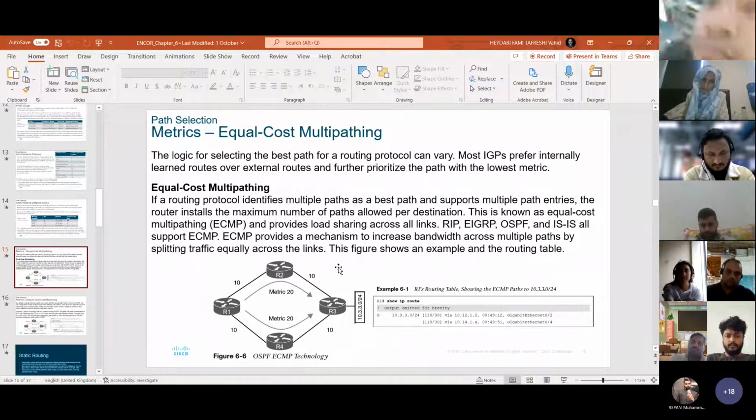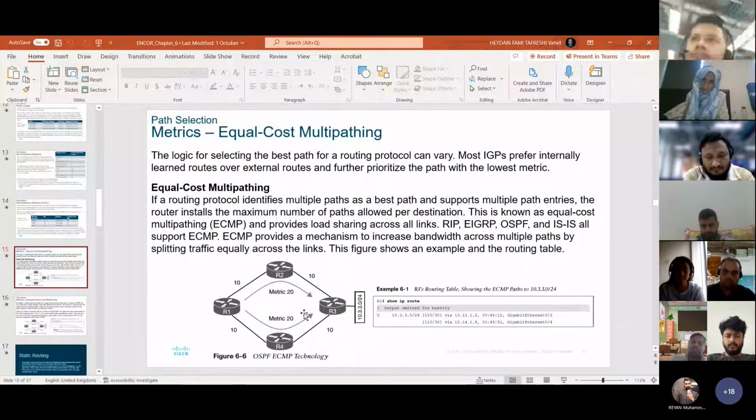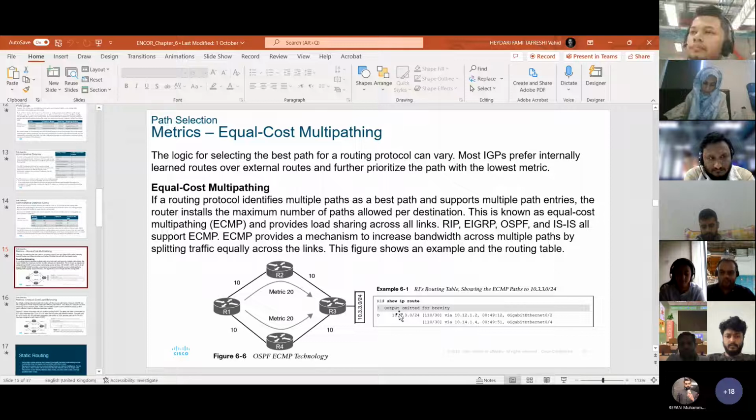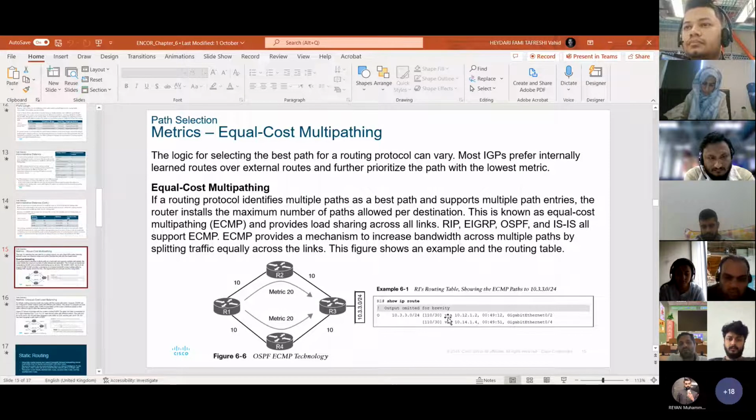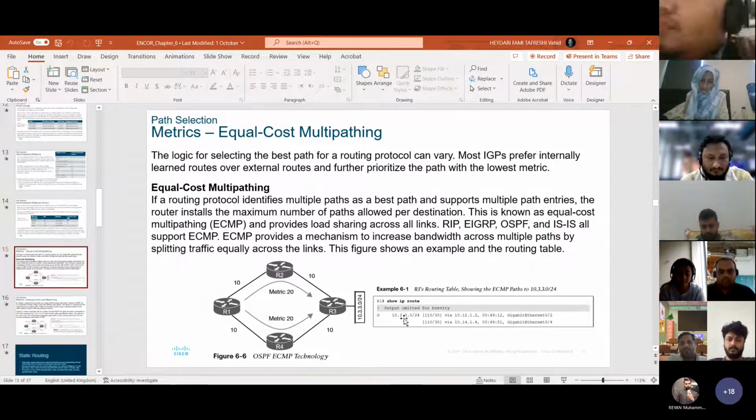For multipathing and equal cost multipathing, you should have the same value for metric. And then if you check your routing table, you should see something like this. This subnet here is accessible through 2 routes, not one, and both of them were installed in the routing table.